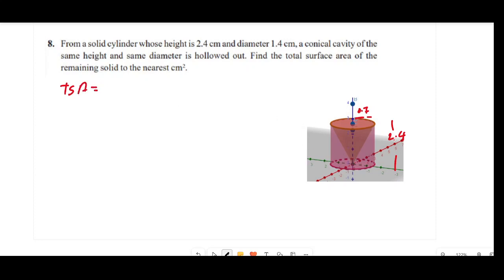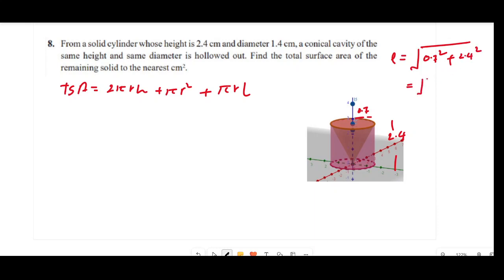Now curved surface area 2 pi RH, here pi r square. So we write 2 pi RH plus pi r square. Then the curved area of the cone, which is pi RL. Now we do not have information about L. Then first we should find out the value of L. L will be the square root of 0.7 square plus 2.4 square.